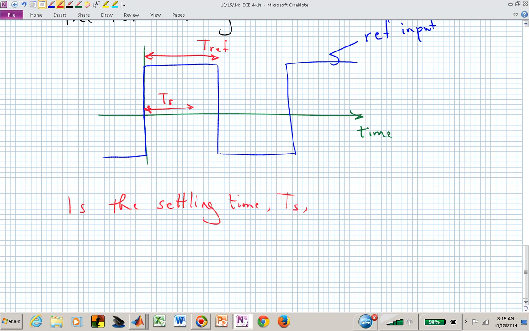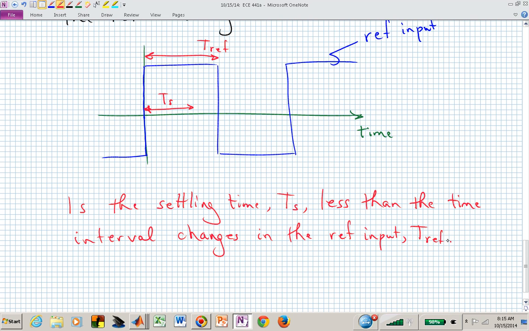Is the settling time T sub s less than the time interval for changes in the reference input, which I was labeling T sub ref? That's the second assumption, really, that we made, that T settle was less than this changing reference input waveform.